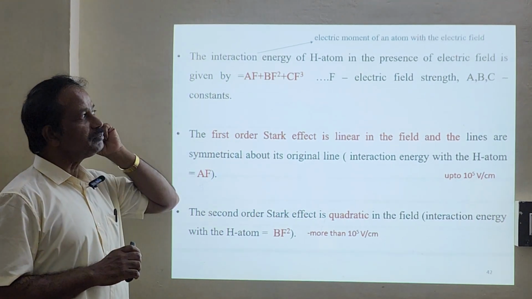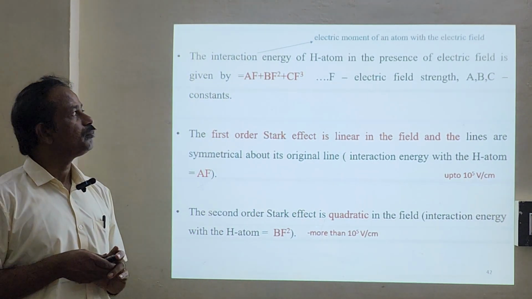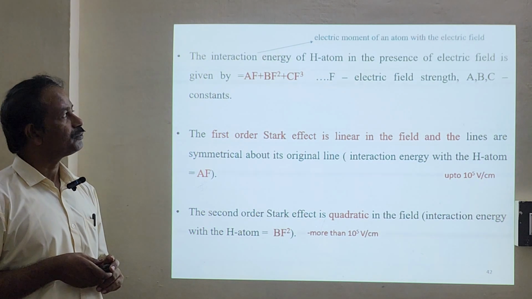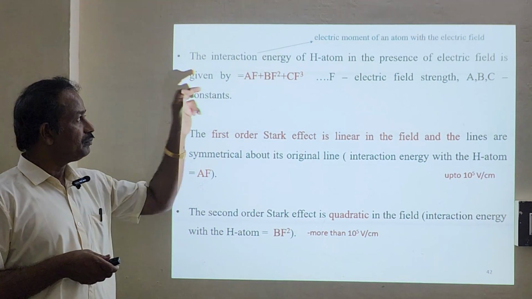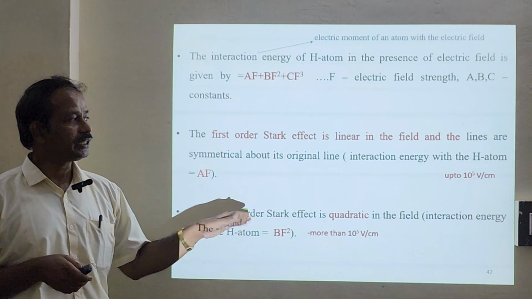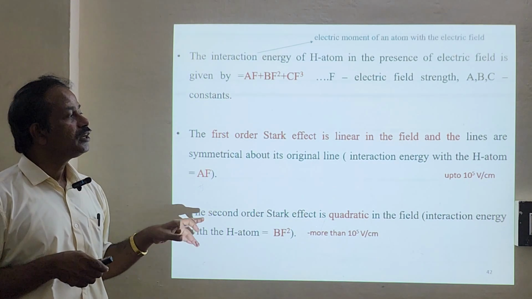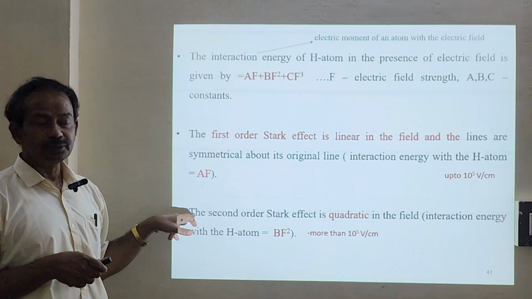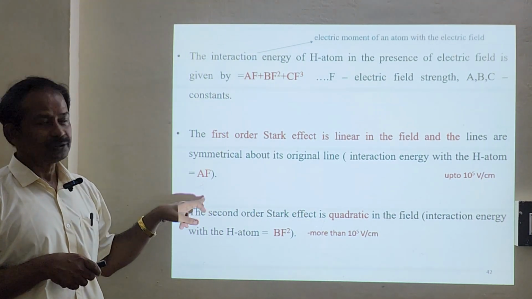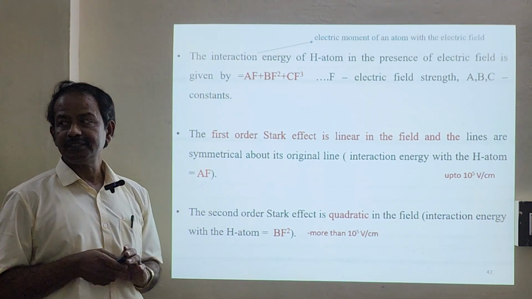So the energy of the hydrogen atom in the presence of the electric field is given by this expression, AF plus BF squared plus CF cubed. Here we denote the electric field as F, but usually we take the electric field as E in other classes. But often the energy eigenvalue is referred to as E, so that's why we have kept F as the electric field. Here A, B, C are constants.